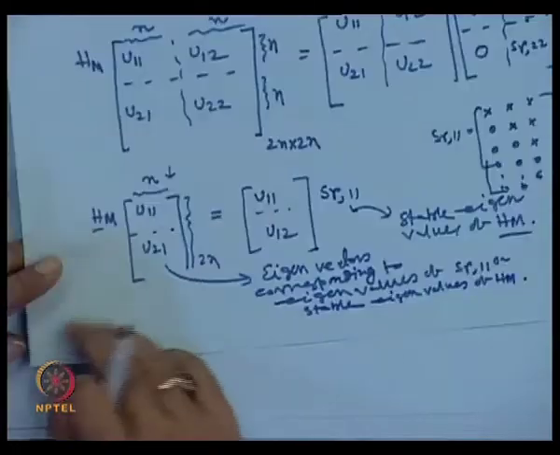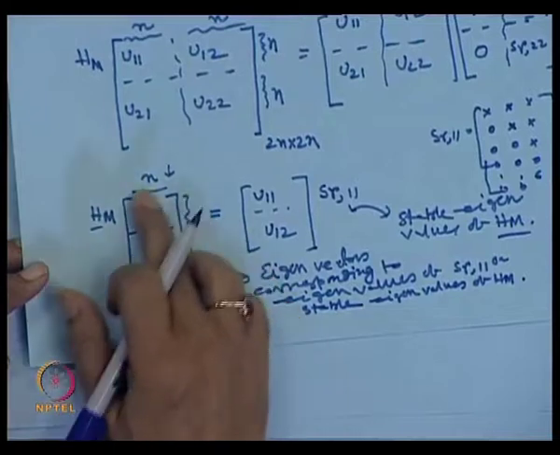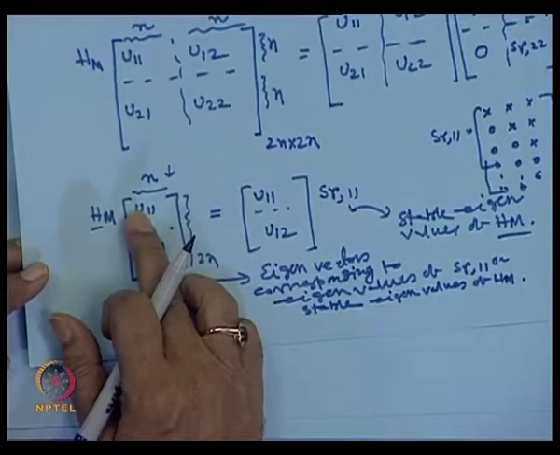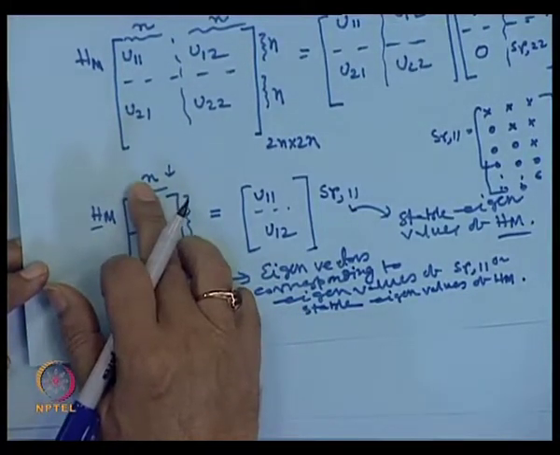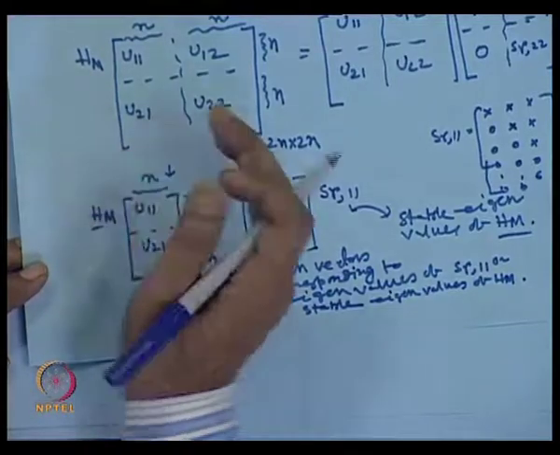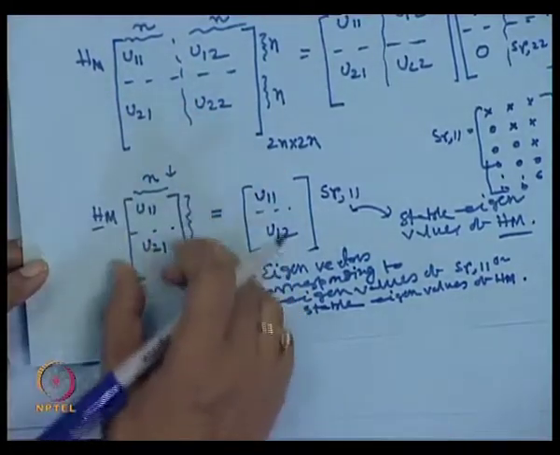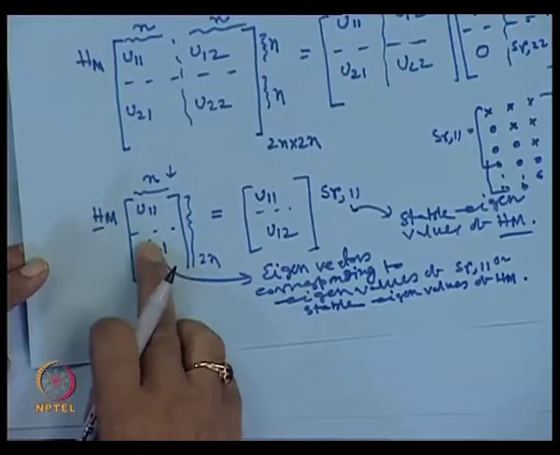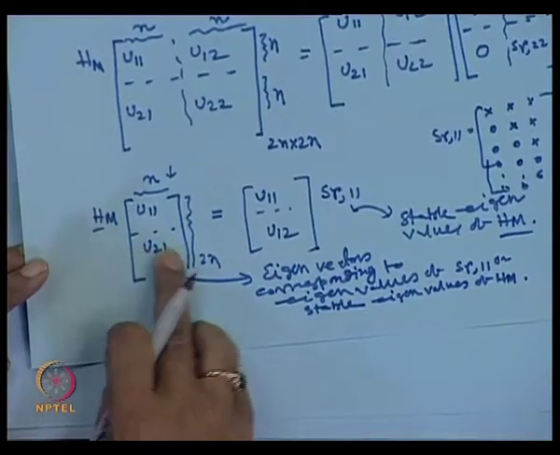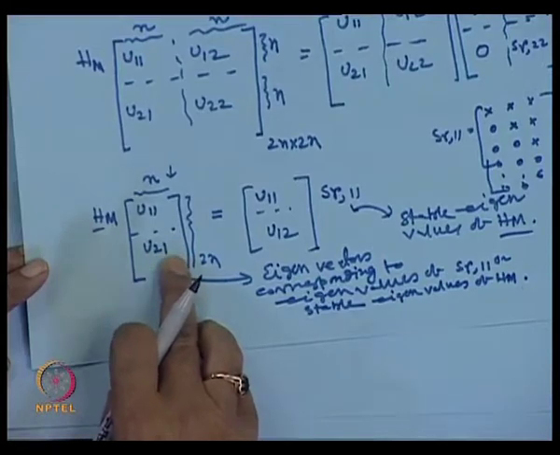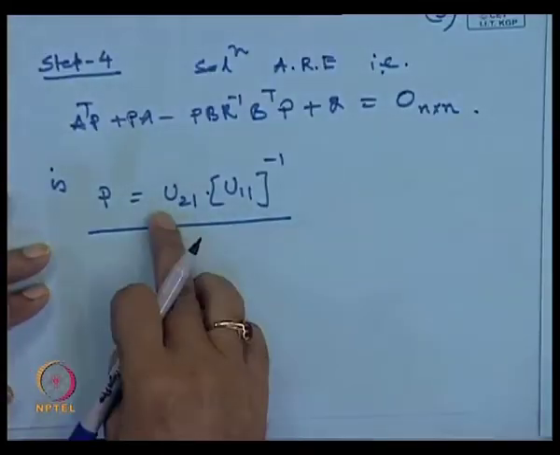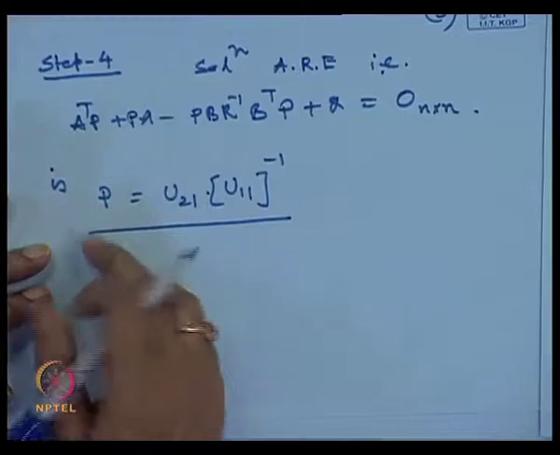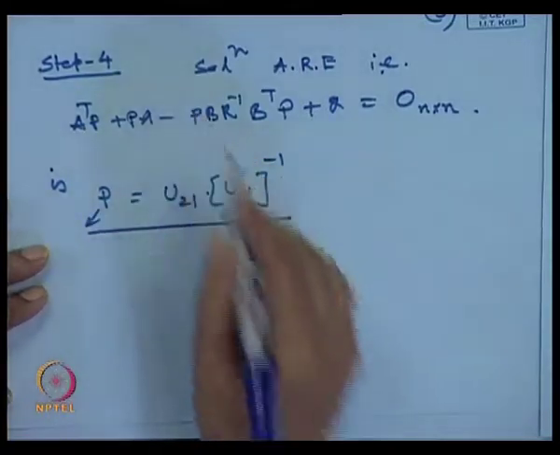Now, see this one, this vector you got, the dimension of the vector is 2n cross n. So, the first n rows you retrieve from the vectors, that is U11, and the remaining n cross n will be U21. So, you just complete it this way and you will get the solution of the Riccati equation.